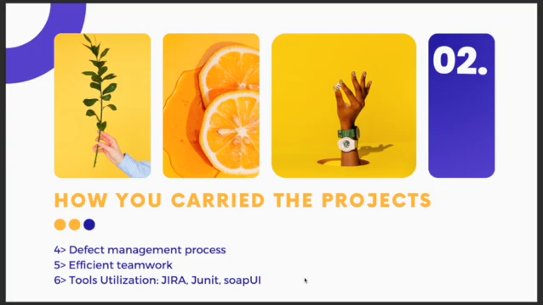And the last part is tools utilization. We utilize tools such as Jira for defect management and JUnit, along with SOAP UI for automated testing, which facilitate our process and enable us to maintain high standards.